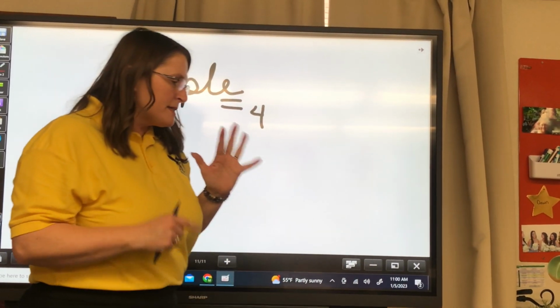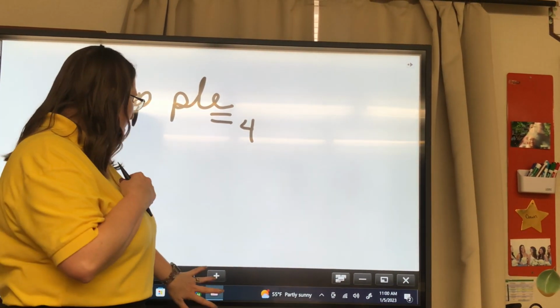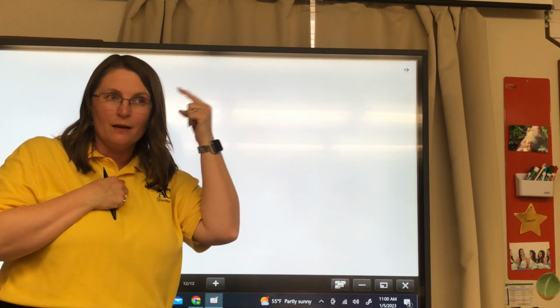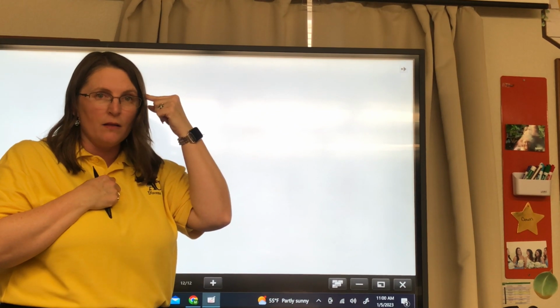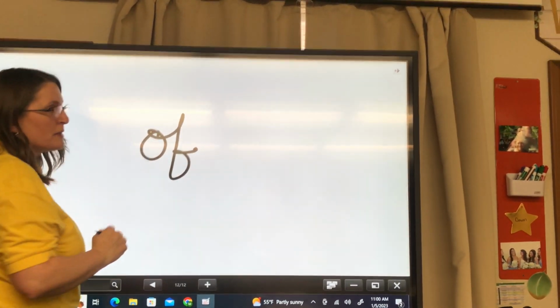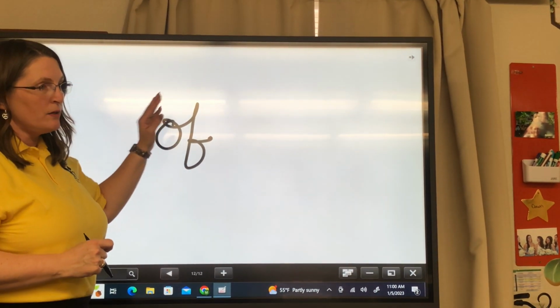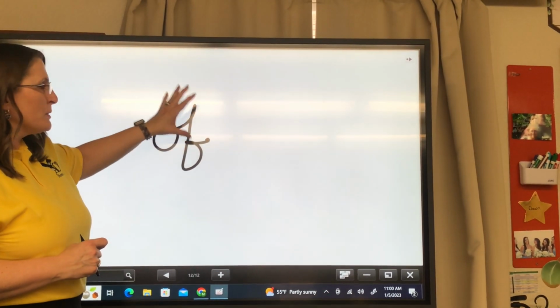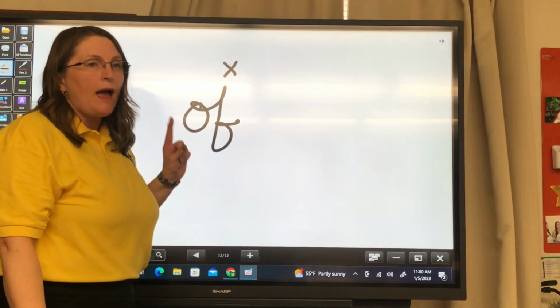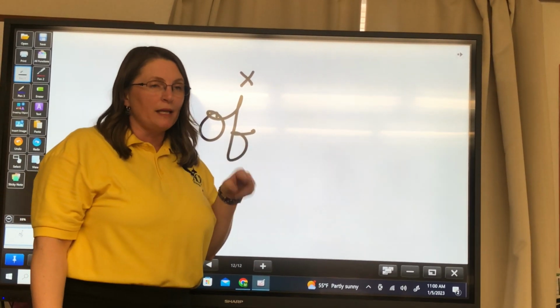And then the 6th reason is an X, or the 6th idea to mark up your words so that you can think to spell is drawing an X. And there's only a couple of words in the English language that truly need an X above them, but this is definitely one. F and V are very related.